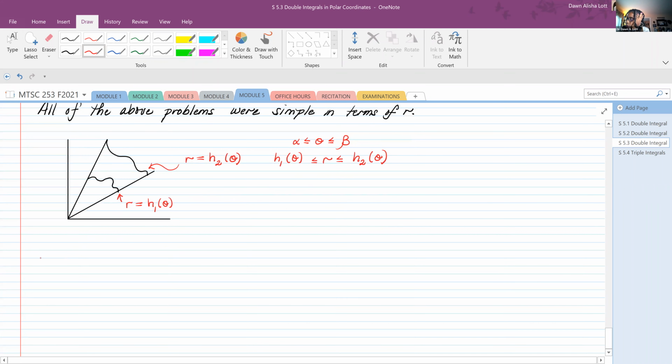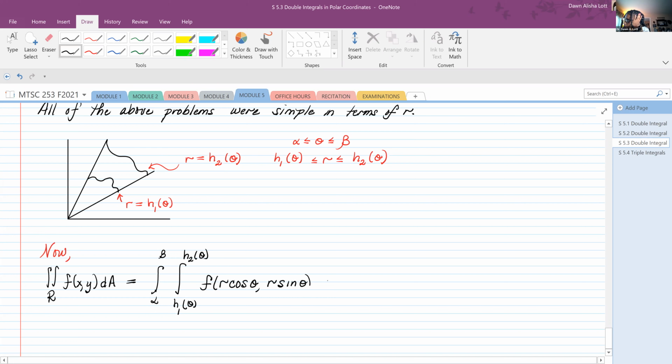So now my double integral over R of f of xy dA now becomes theta goes from alpha to beta, but R goes from H1 of theta to H2 of theta, and this becomes f of R cosine theta, R sine theta, R dr d theta. Okay, so that's what we get now.